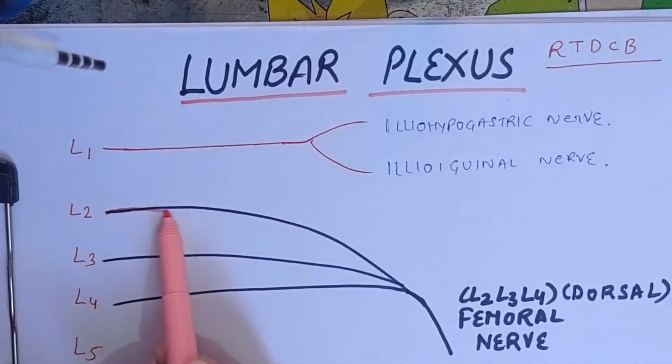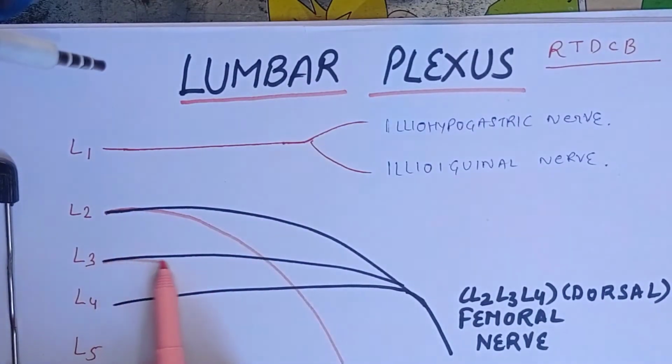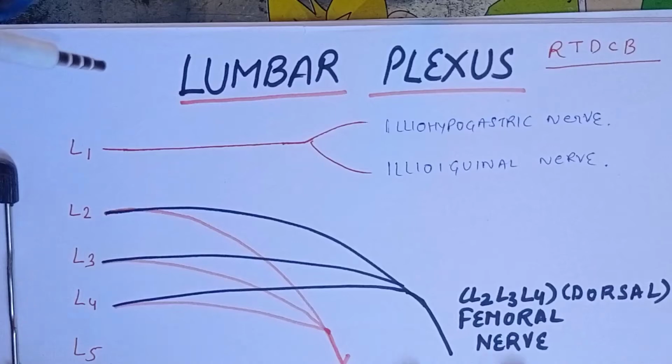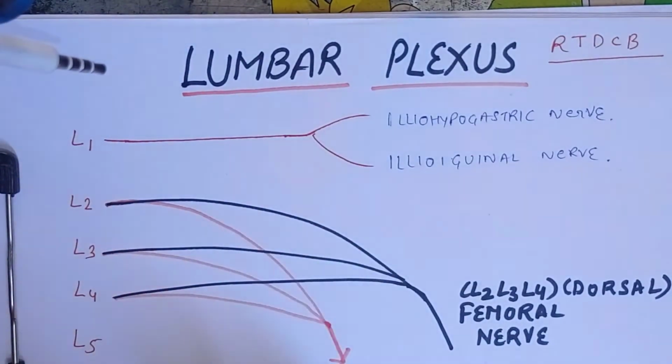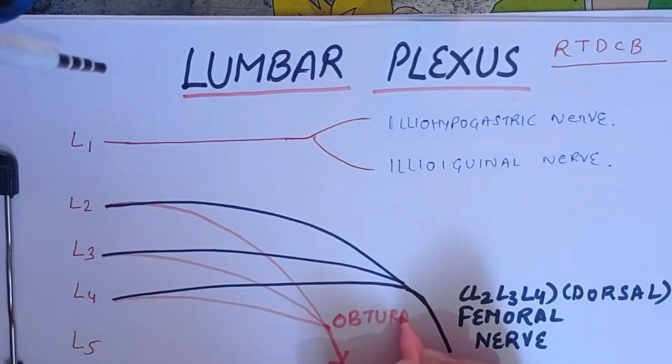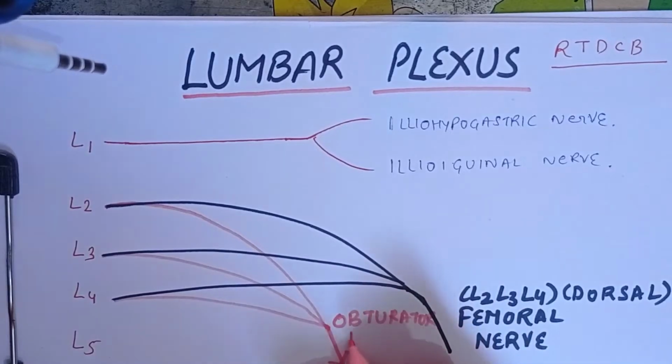So L2, L3 and L4 gave a single other nerve. The ventral division of L2, L3, L4 gave a single other nerve called the obturator nerve.